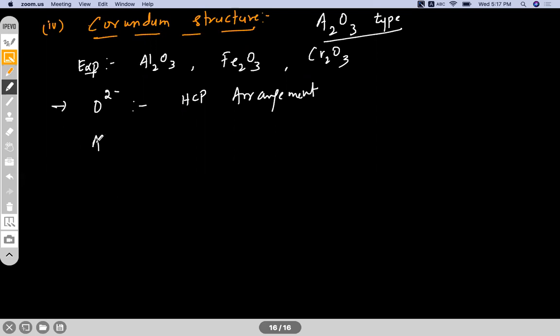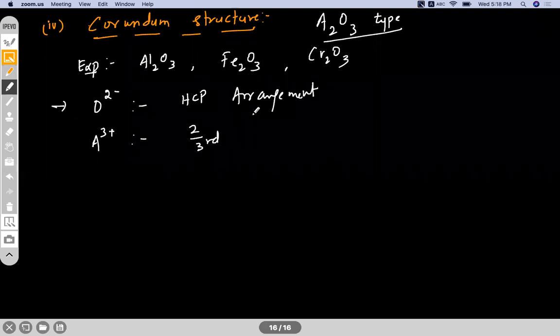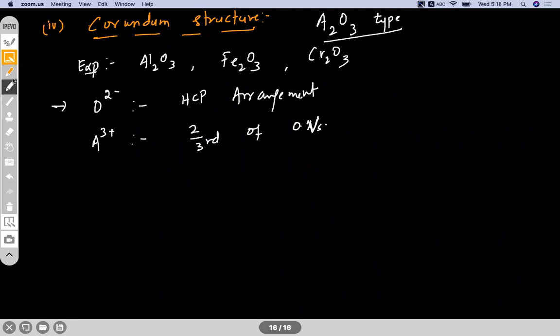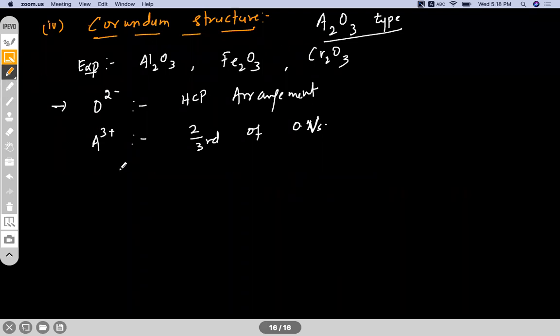A3 plus present in 2/3 of octahedral voids. And general formula is A2O3. You can find out the number of A3 plus and O2 minus ion. You will have the same formula. So see here, 2/3 of octahedral void.